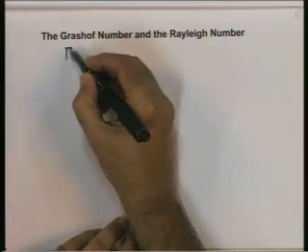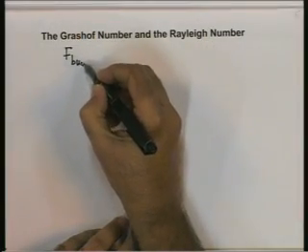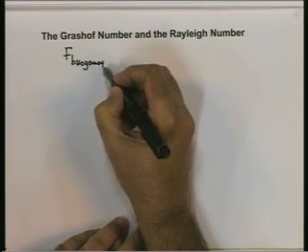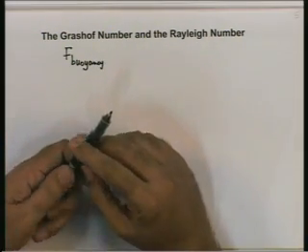Let us look at the Grashof number, its significance and how it comes about. Notice that the force of buoyancy would equal the density difference between the fluid and the surrounding multiplied by the volume of the fluid multiplied by the gravitational acceleration. The gravitational force will be acting downwards, buoyancy force would be acting upwards.